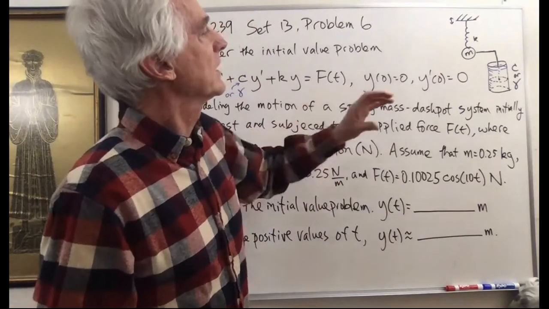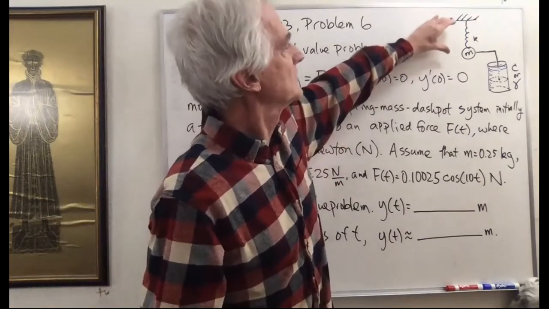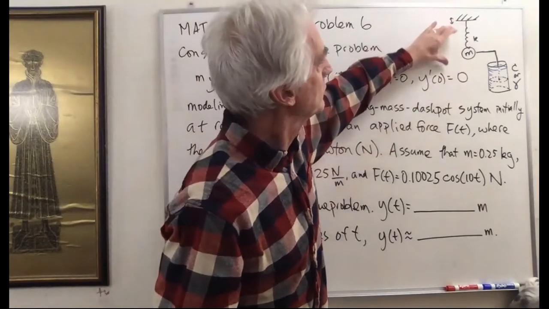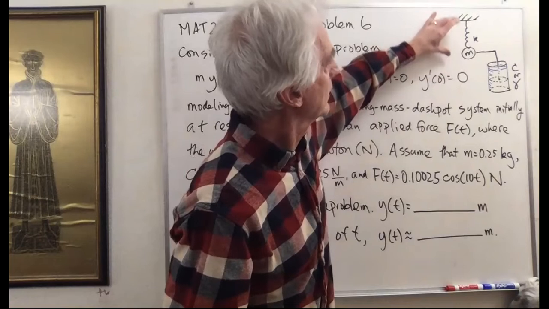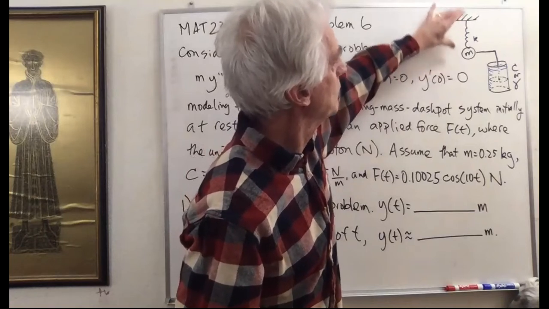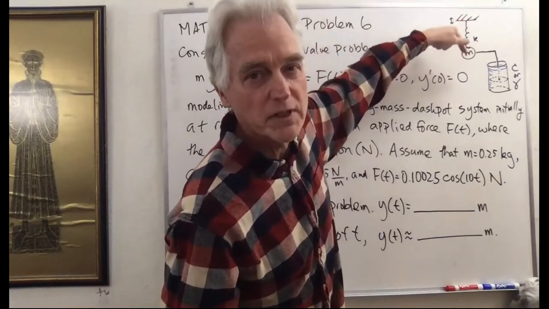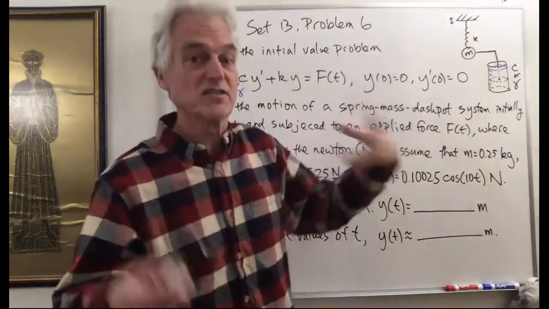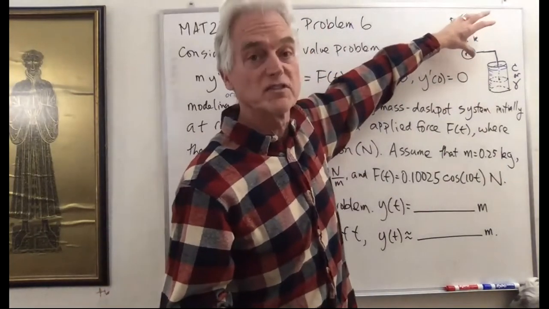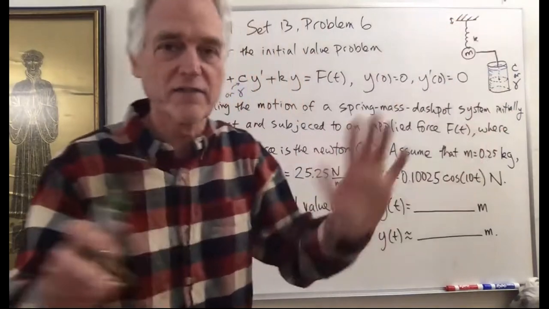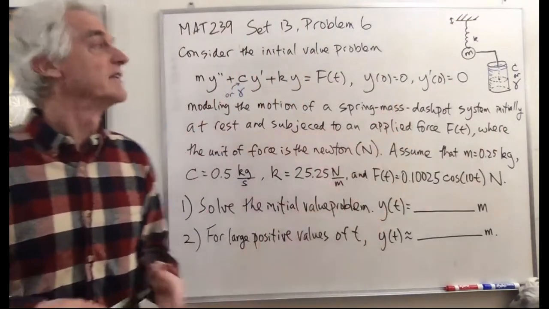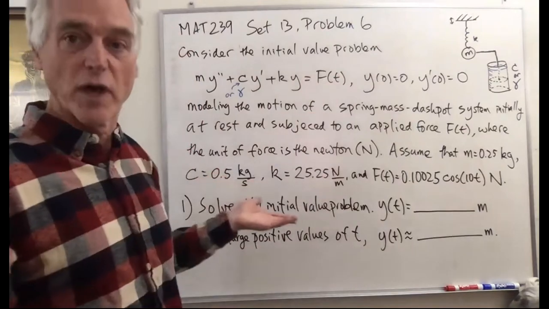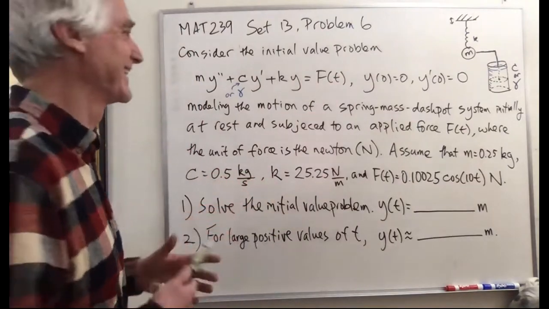Actually, y is measured relative to the moving equilibrium, so y is the position in the accelerating frame of this roof. But you don't have to know any of that. If you know physics, that's kind of cool. There's a pseudo force, but let's just think about the equations. This is a math course.